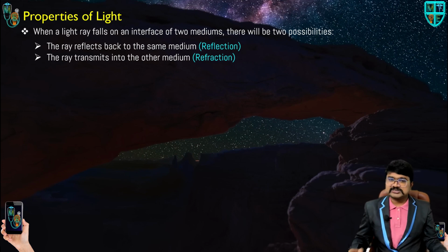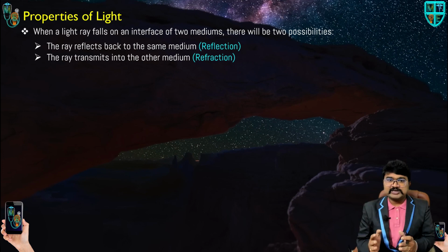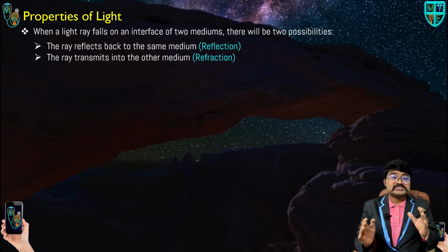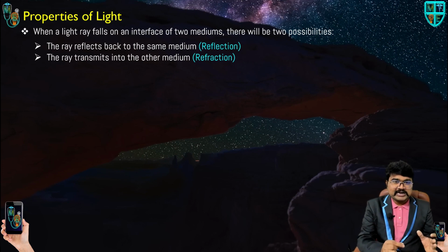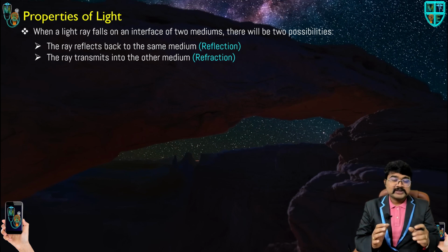We already discussed this part. Some amount of the incident ray is reflected from the surface, and some amount is absorbed by the surface.